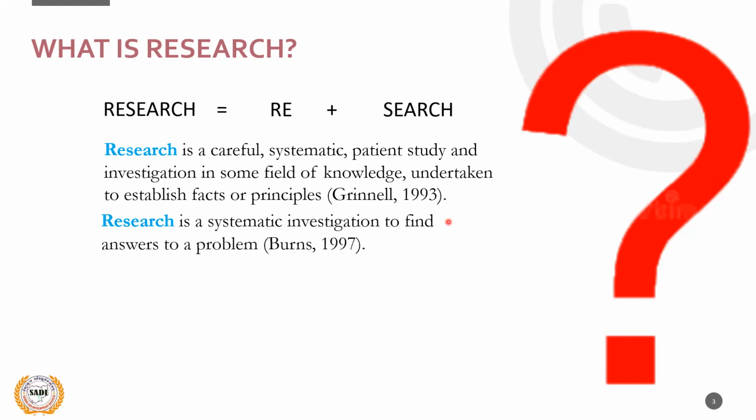How about this? Research is a systematic investigation to answer a problem. One of our classmates gave you a very good definition already. So research is a systematic investigation. When we investigate, do we need to ask questions, everyone?